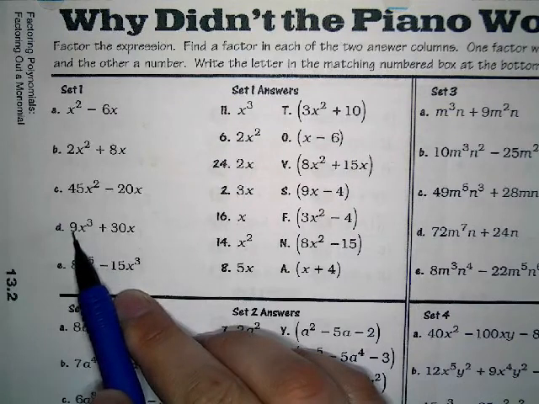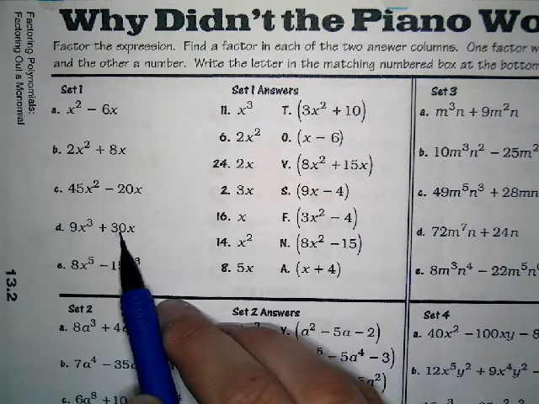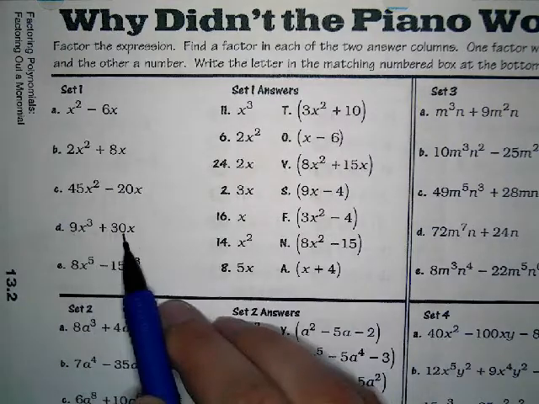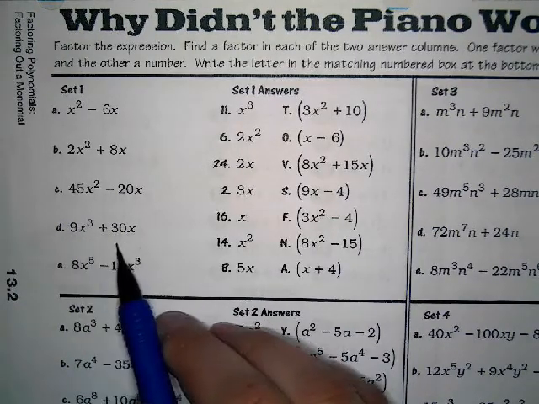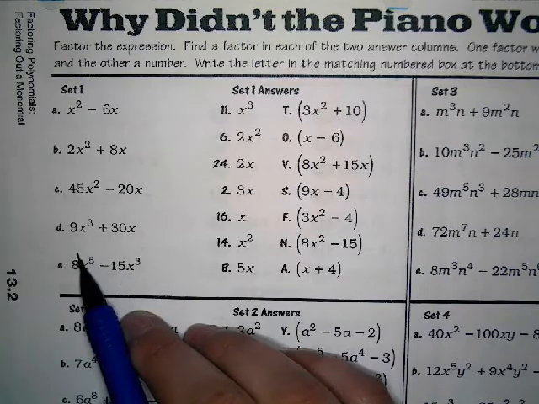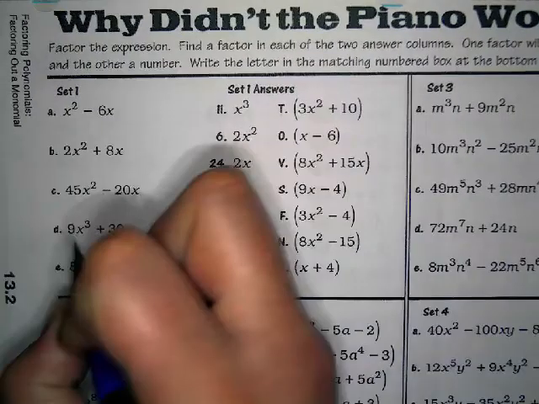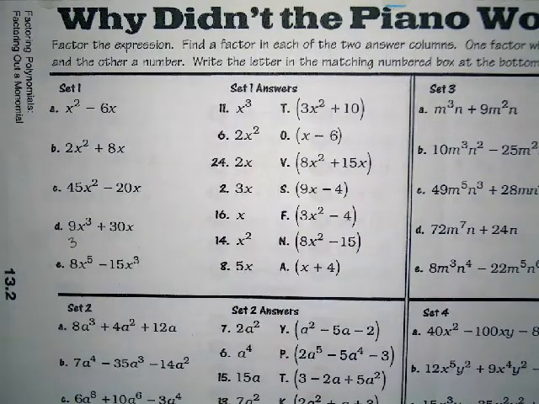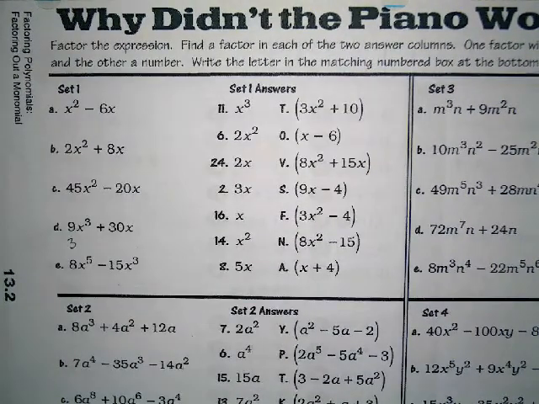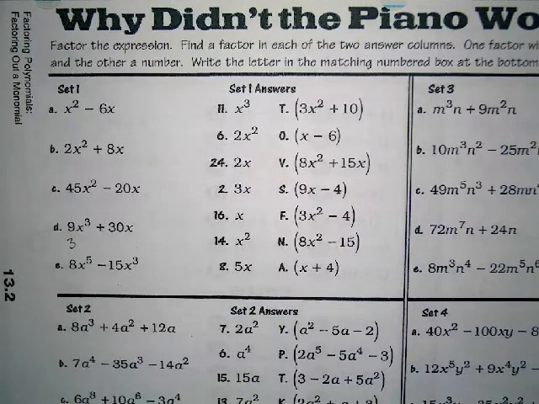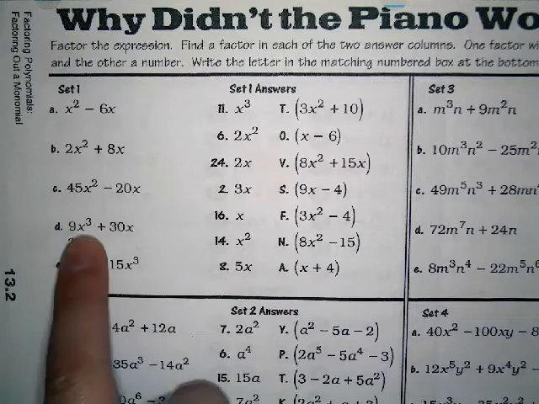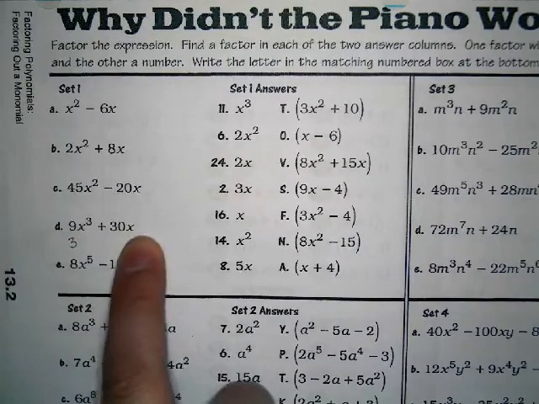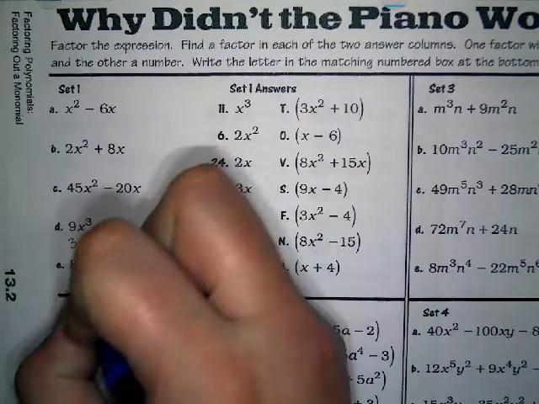So between the 9 and the 30, what number could you divide out? 3. You could divide a 3 out. And between an x to the 3rd and an x, what could you divide out? Just 1x, yeah. So this one has 3 x's, this one has 1x, so you can only take 1x out.